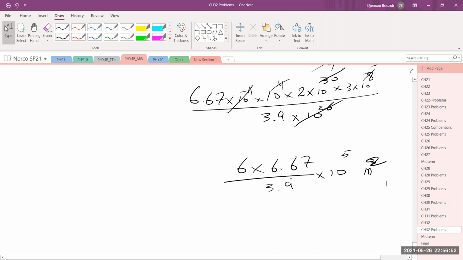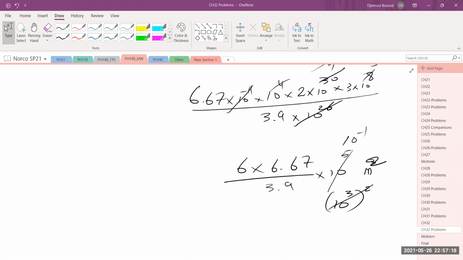It's not 10 to the power 5 kilometer squared, because they want the answer in kilometer squared. A kilometer is 10 to the power 3. When you square it, it's going to be 10 to the power 6. So this 10 to the power 5 is gone with the 10 to the power 6, and I'm left with 10 to the negative 1. In other words, 6 times 6.67 divided by 3.9 square meters divided by 10.